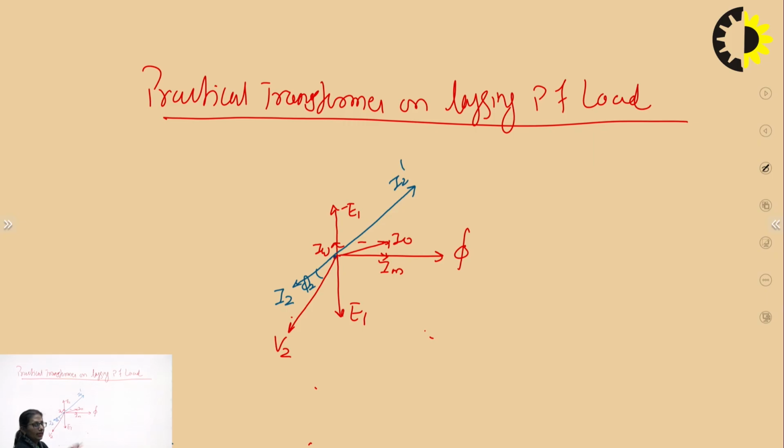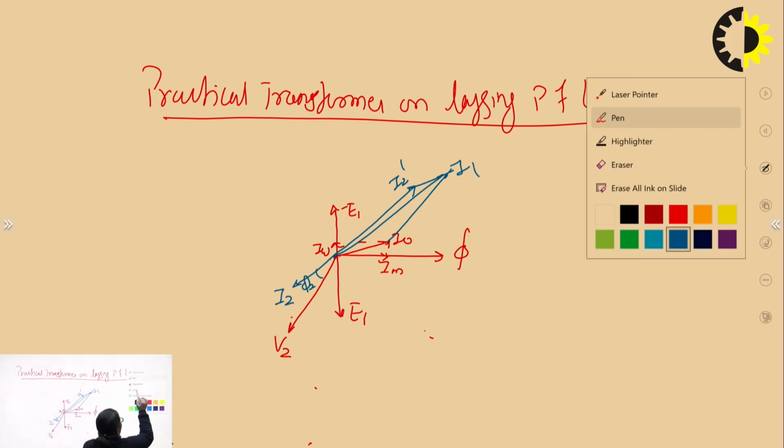Now once again, the phasor addition of I2 dash and I0 will result in I1. I1 is the phasor addition of I0 and I2 dash. Now we have got the phasor of I1. What is the phase of I1? Now for what do I require this?